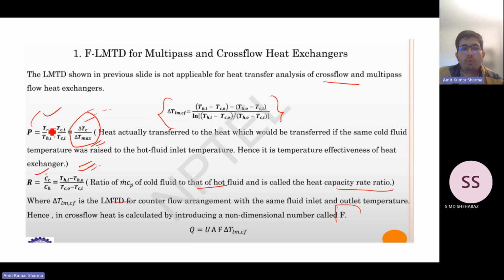We calculate the value of P and R, and based on P and R, we calculate the value of F. Now, F we can put in this equation. F is basically a correction factor, a non-dimensional number which can be used to correct the exact heat transfer for the particular configuration. It will be Q equals UAF del T LMCF.